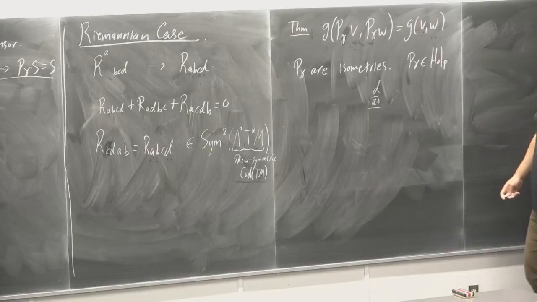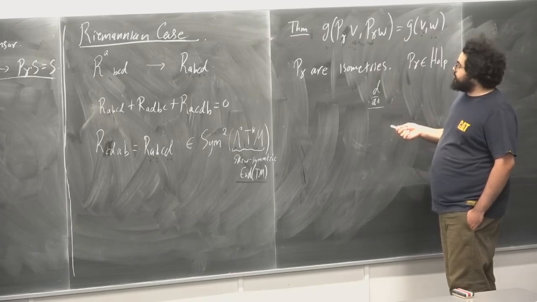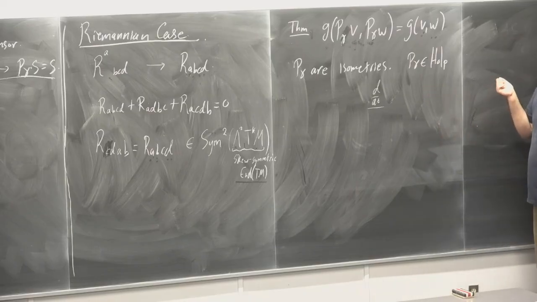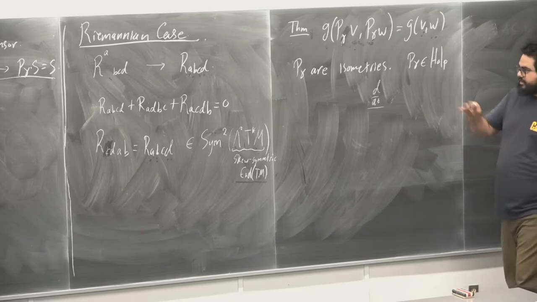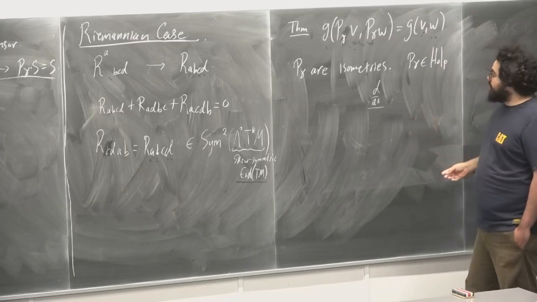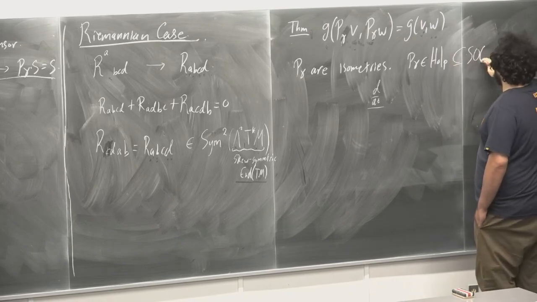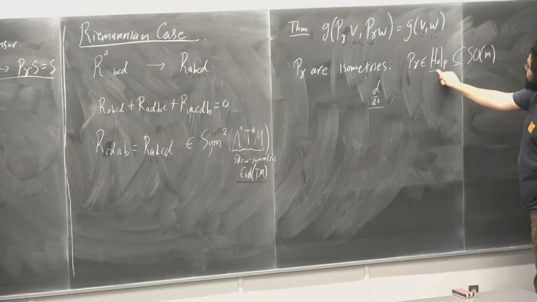Okay. So the P_gammas are actually isometries, which means that Hol_p is actually, for the Riemannian case, a subset of O(n), if your manifold is n-dimensional. And if your manifold is oriented, then they're actually a subset of SO(n). Okay, so we're going to deal with the oriented case, in which case Hol_p is a subgroup of SO(n). Okay.